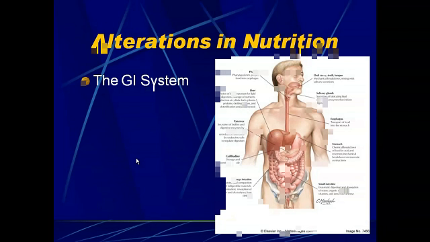Dysphagia is difficulty swallowing. It can be due to a mechanical obstruction, like a too tight tie for anybody who still wears a tie. It could also be from a nervous problem, say somebody who's had a stroke, or from a muscular disorder such as myasthenia gravis.